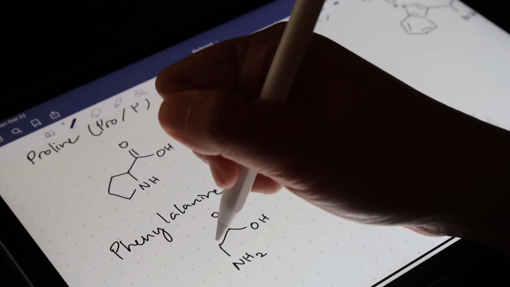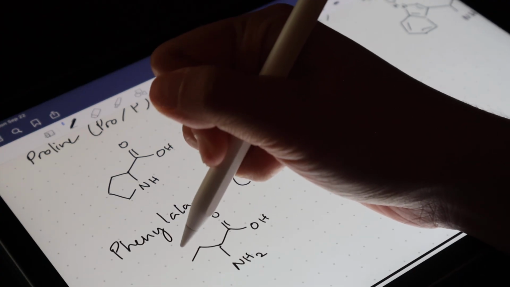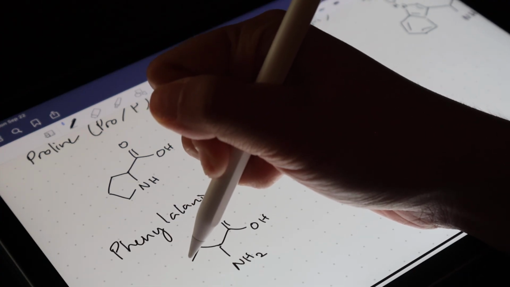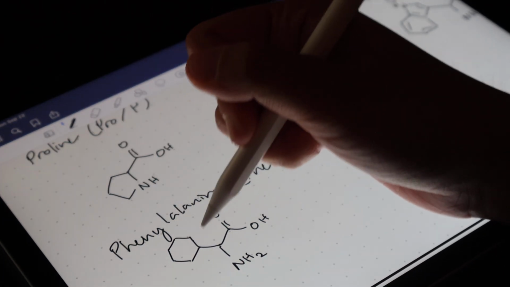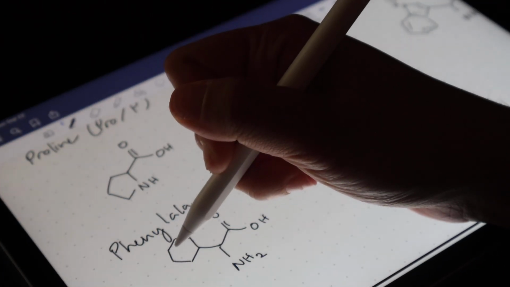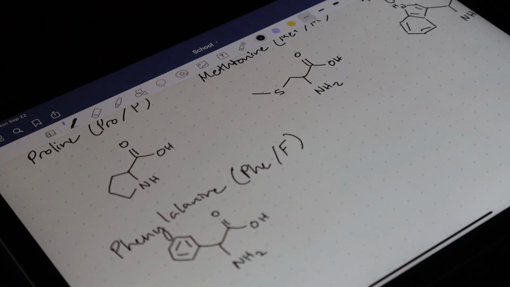And this one, another carbon that is then just connected to, I did not give myself enough room to do this, but a phenyl group.